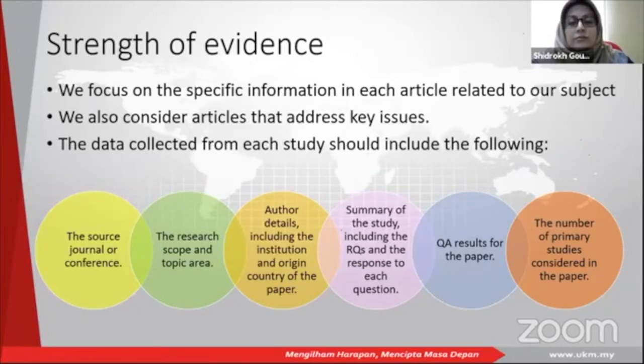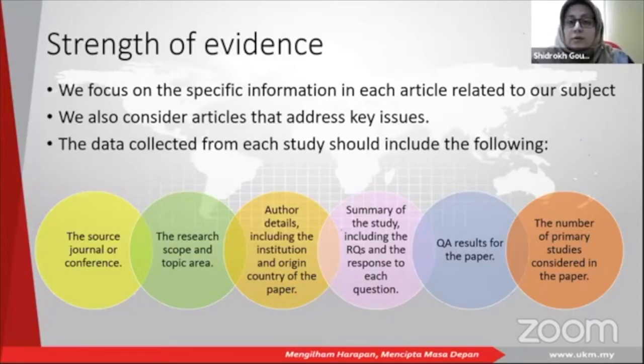For collecting the most related information from each paper, in my opinion, it is better to focus on the following items. We need to mention the source, the journal or conference. Also, the search scope and topic area. Also, we need to put the author name, author details, and country of the paper, and so on.